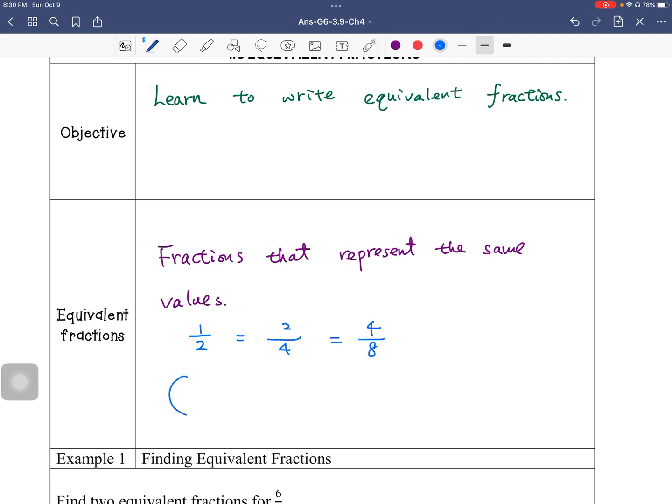As we see in a chart, like a pie, 1 over 2 is half of it. 2 over 4 is the same, divided into 4 parts and having 2 of them, and 4 over 8 is 8 parts and having 4 small parts of it. So they are equivalent fractions using different denominators.